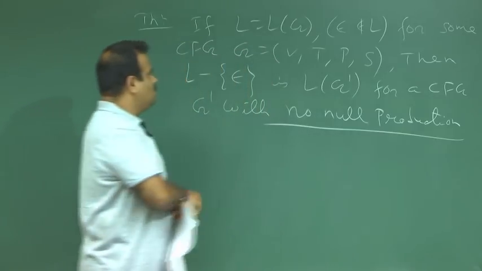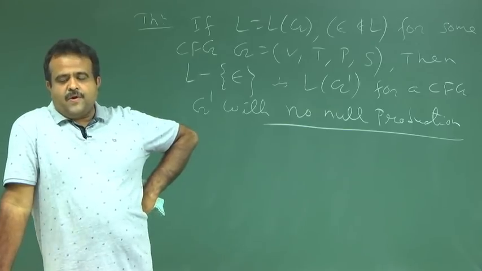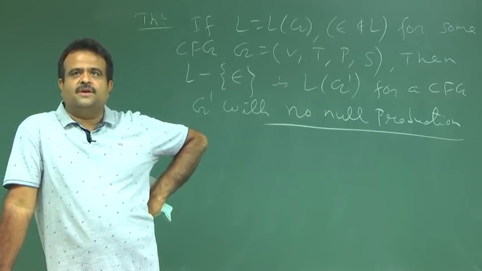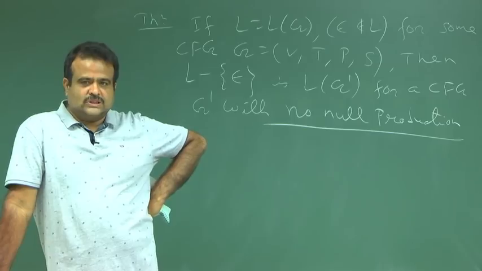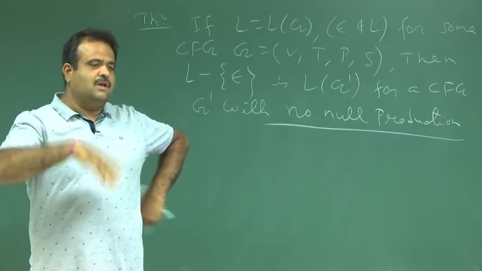So, that is the way we want to minimize our grammar. Ultimately, it will accept the same language, but we want to get rid of all the null productions, because they are not going to contribute anything, since epsilon is not at all in the language.